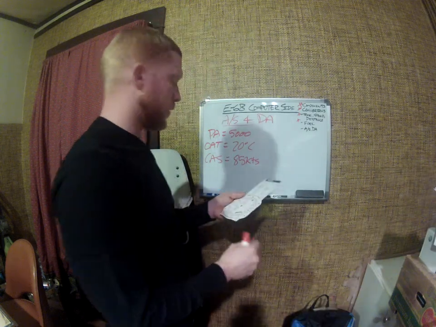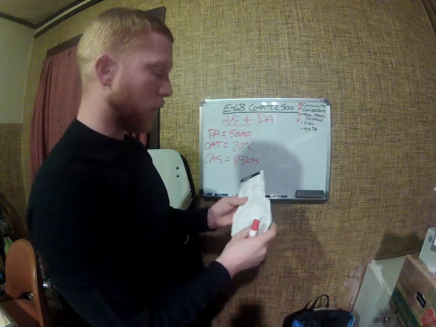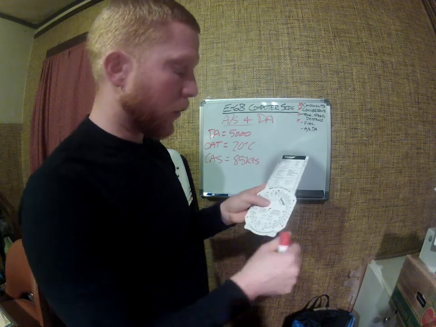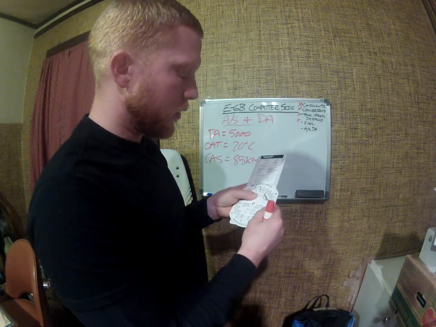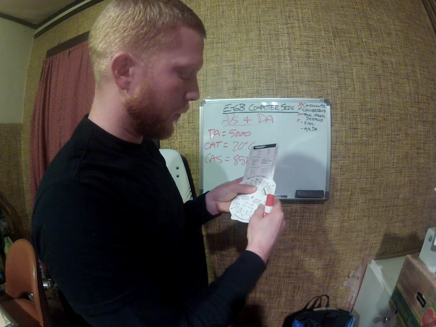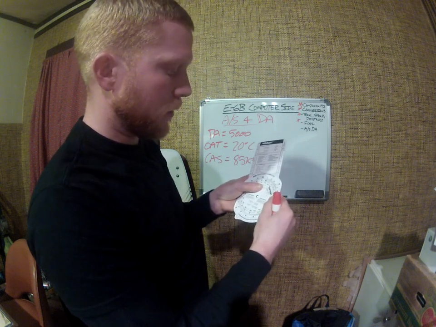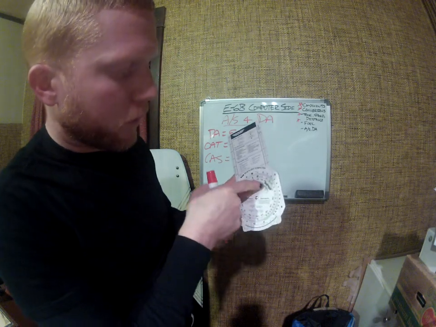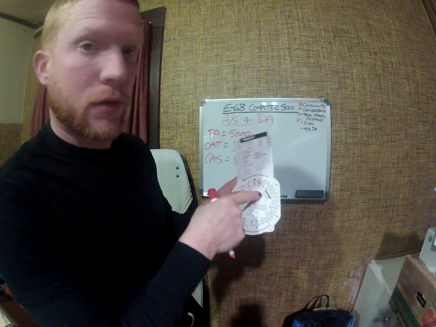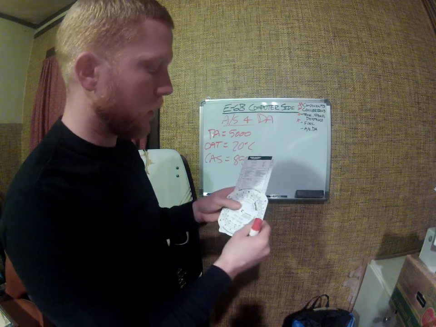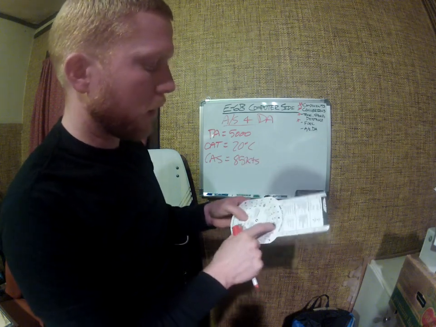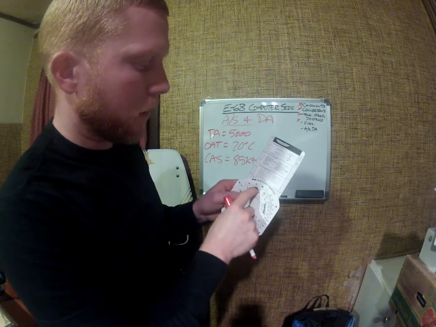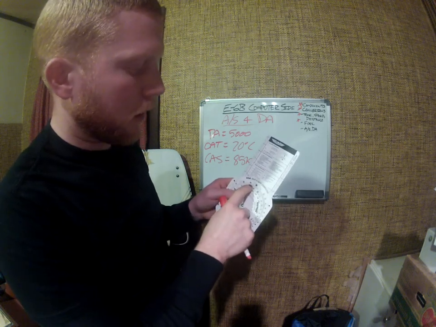So what we're going to do is go here under our airspeed correction window. We're going to put our temperature over. Our temperature in Celsius is right here on this one. We're going to put our temperature of 20 over our 5,000 foot pressure altitude window. And basically we're going to find our calibrated airspeed of 85 knots on our B scale here. And true airspeed is going to read on the A scale.